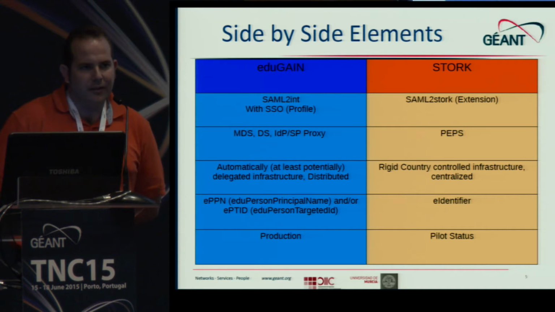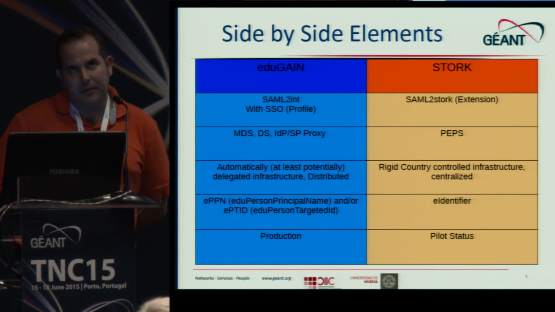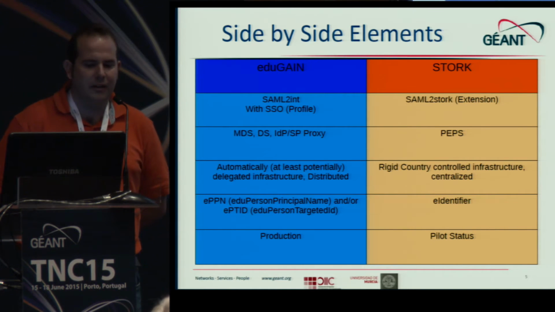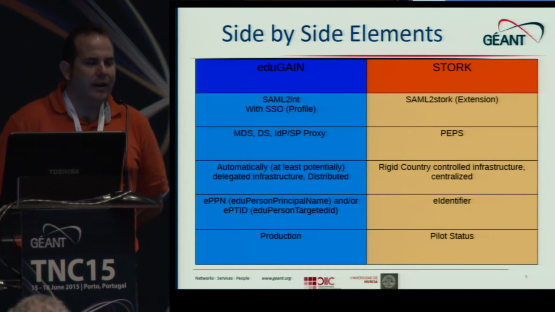What we mean here is that in eduGAIN you can have several IDPs which can be trusted between federations, and so an SP from a federation can trust an IDP from another federation, in a full mesh and so on. But in STORK you have only one IDP per country, and no way to have more than one IDP per country. Okay.